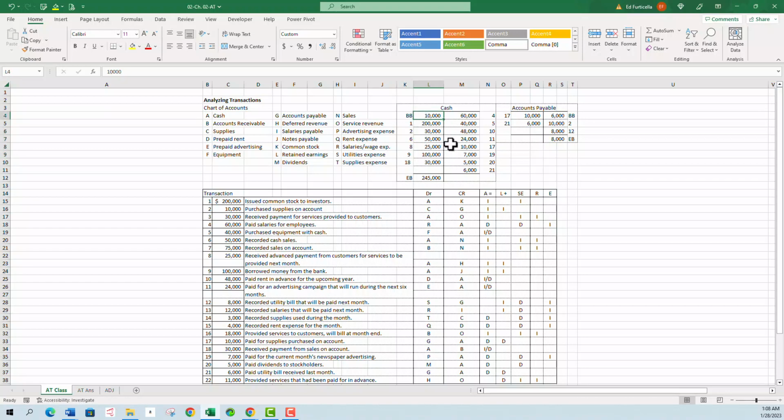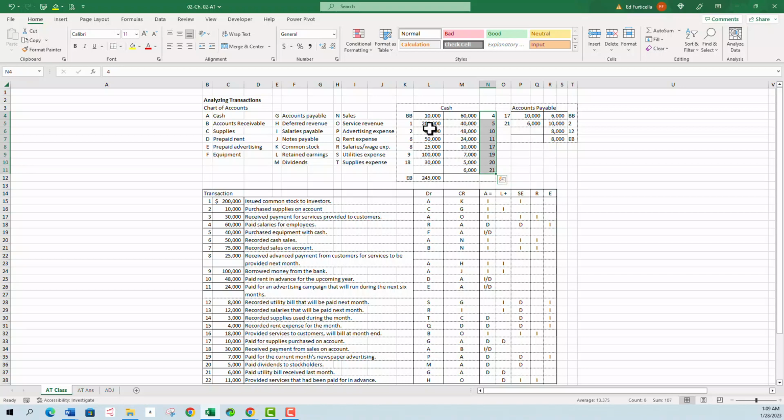On the debit side, I list every time we debited the letter A. So we debited the letter A on the 1st, the 2nd, the 6th, the 8th, the 9th, and the 18th transaction. We credited cash on the 4th, 5th, 10th, 11th, 17th, 19th, 20th, and 21st transaction.